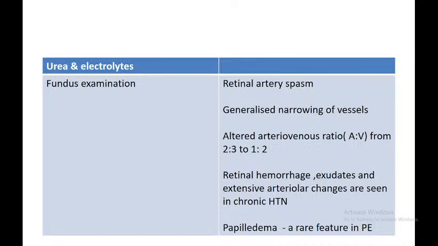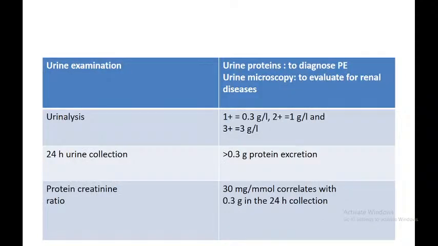And papilledema is a rare thing that we see in pre-eclampsia. So these are the changes that we might expect once we do a fundus examination. So fundus examination should be part of your investigations.